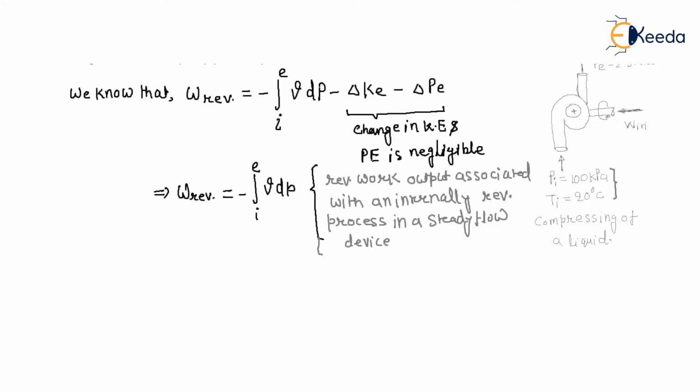At this condition, pressure 100 kilopascal and temperature 20 degrees centigrade, you calculate the specific volume at this particular point. At inlet you get it from the water table, right?